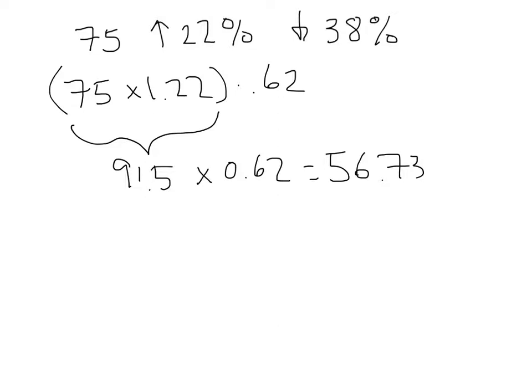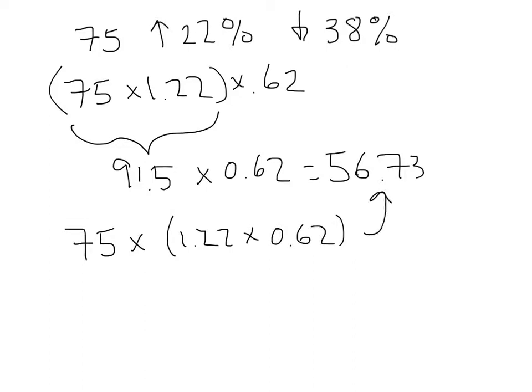because multiplication is commutative and you can do this in any order you wish. So 75 times 1.22 times 0.62 directly gets you 56.73. In fact, you could do 75 times whatever the product of 1.22 and 0.62 is, and you will get the same answer.